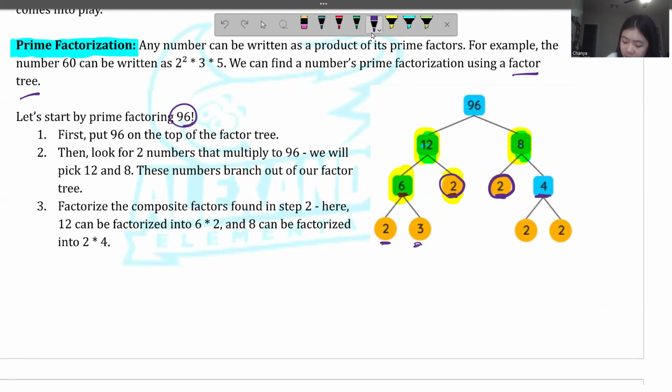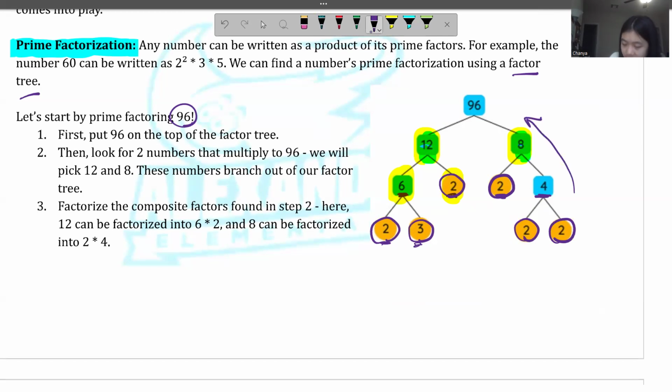After that, we realize that all the factors we have as a result are prime factors. Now you take all the prime factors you have at the bottom, and when you multiply them all together, it gives you 96.